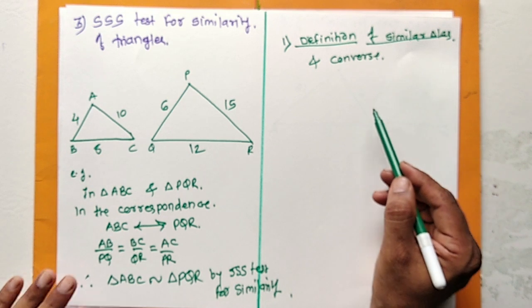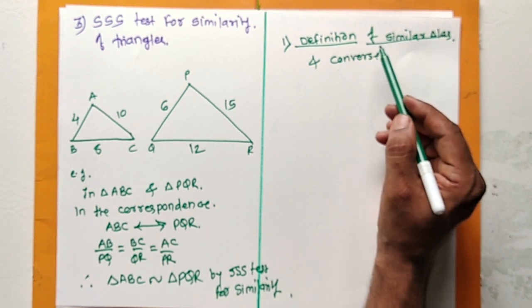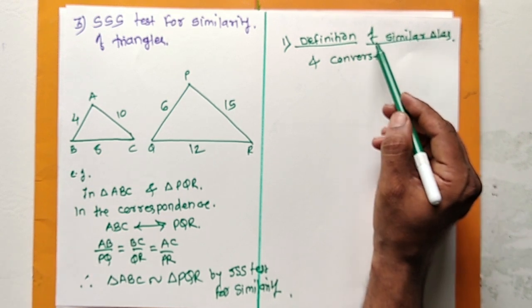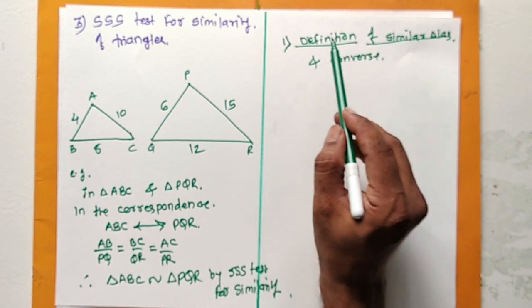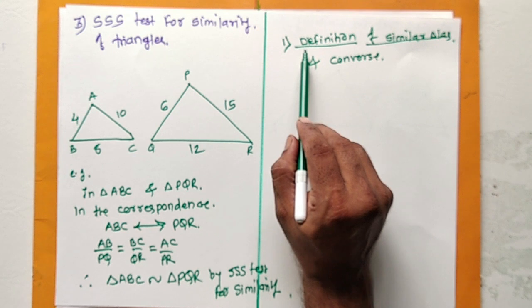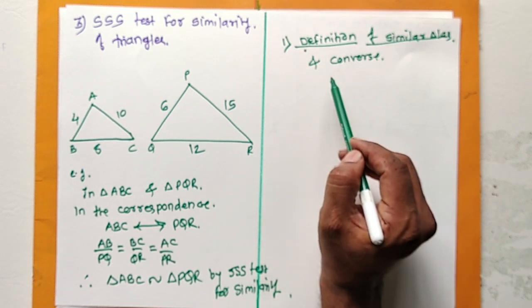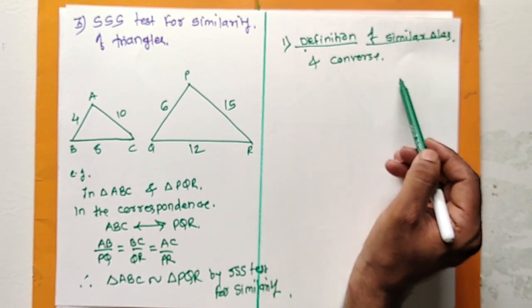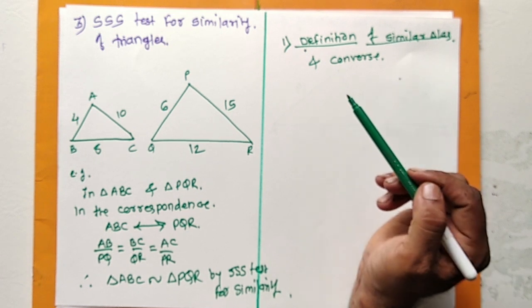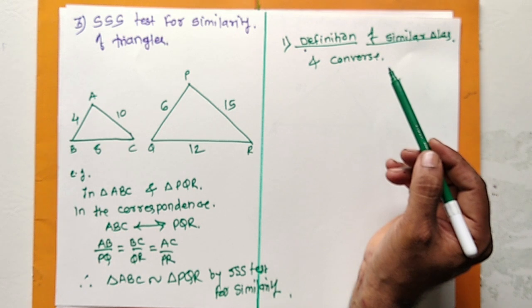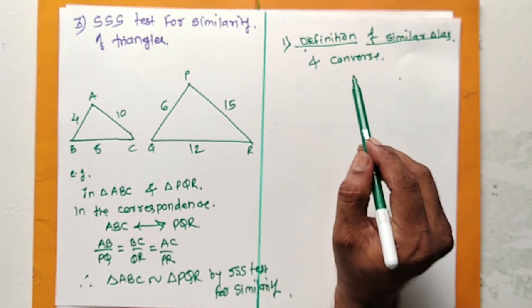If two triangles have corresponding angles congruent and corresponding sides proportional, then the two triangles are similar. And vice versa, if two triangles are similar, then their corresponding angles are congruent and corresponding sides are in proportion.